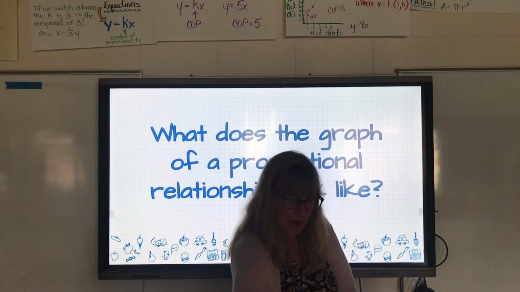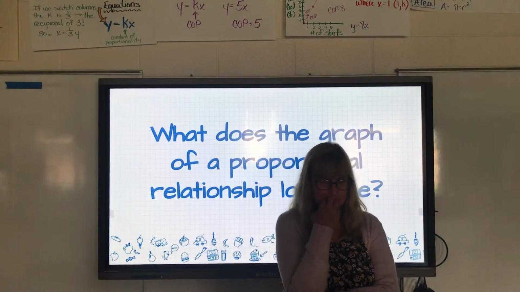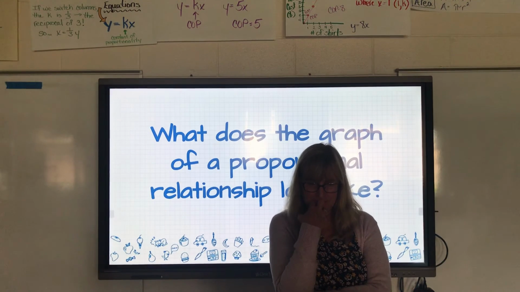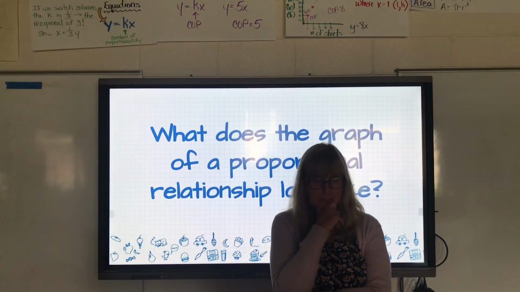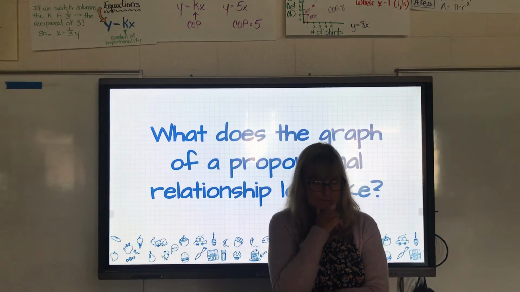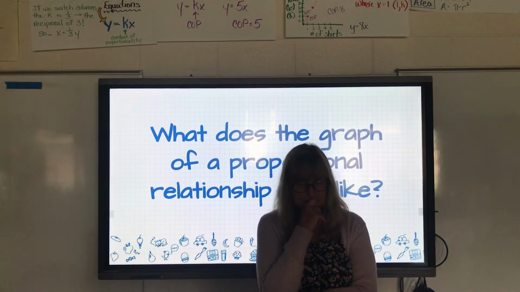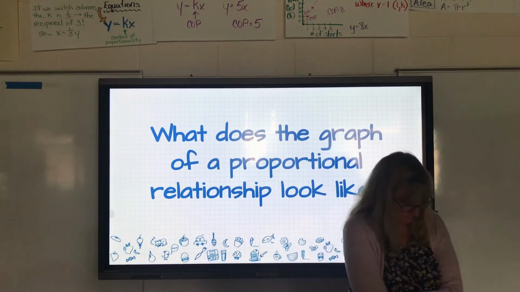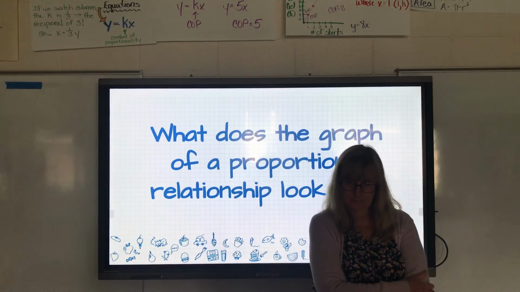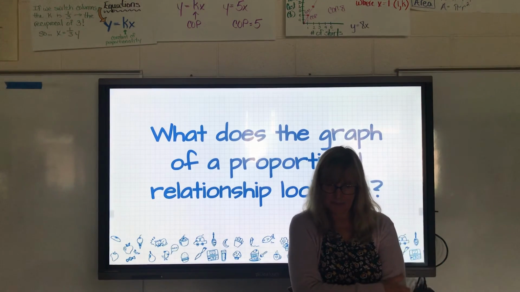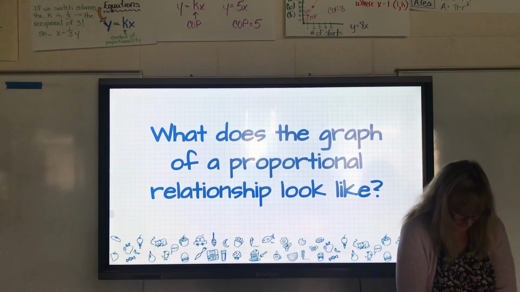What does the graph look like, Peyton? Not what does a table look like. What would a graph look like to be a proportional relationship? Okay, I've got some I don't knows. All right, let's go back.